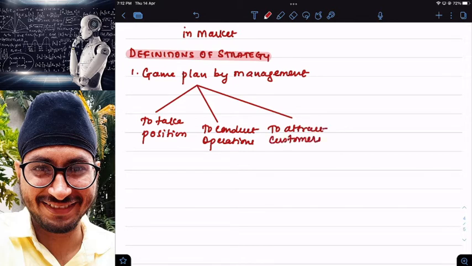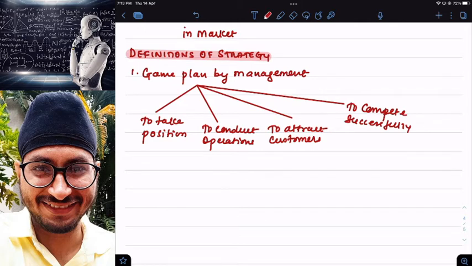This is a definition, so I cannot write in my own words. Whatever is there, I have to mention the same thing. Once I write, I will explain you. So it is a game plan by the management to take position, to conduct the operations, to attract the customers, and to compete successfully.